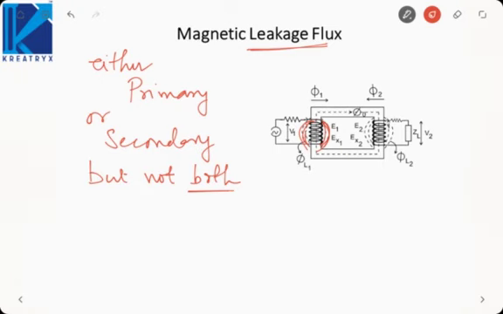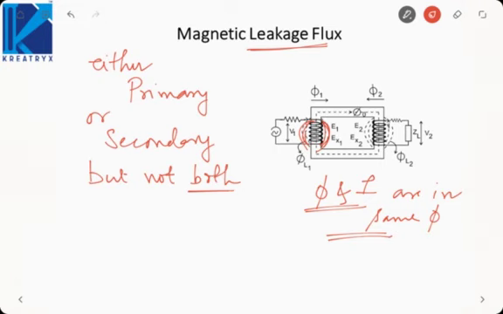And usually we consider that the flux developed by the coil, or the leakage flux, will be in the same phase as the current. As I told you in the last lecture also, the flux and the current producing the flux are in the same phase. Always remember this: the current producing the flux and the flux produced will always be in the same phase.